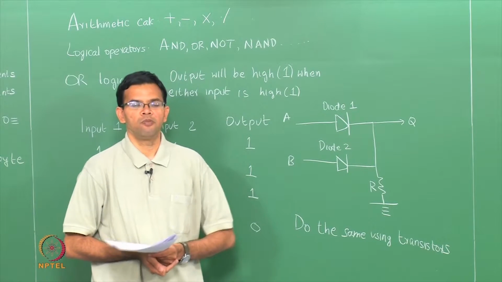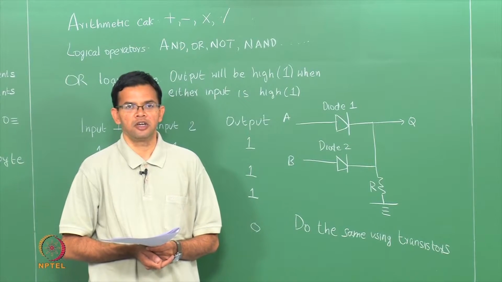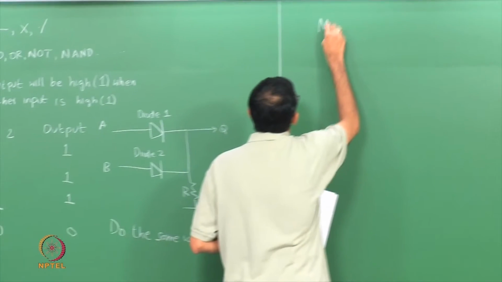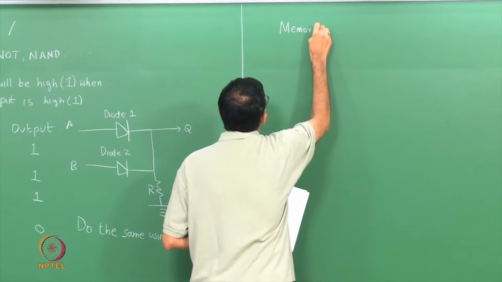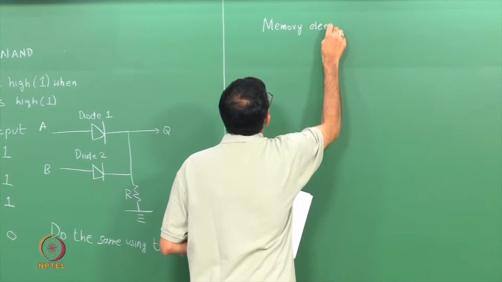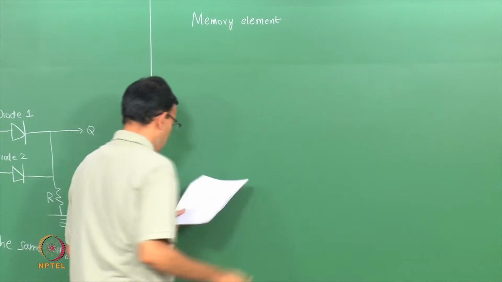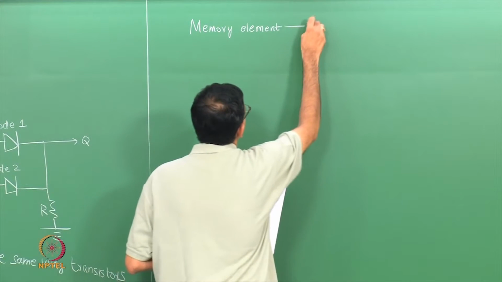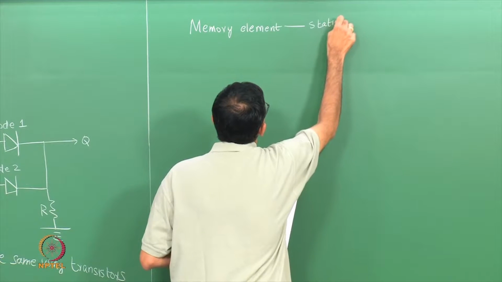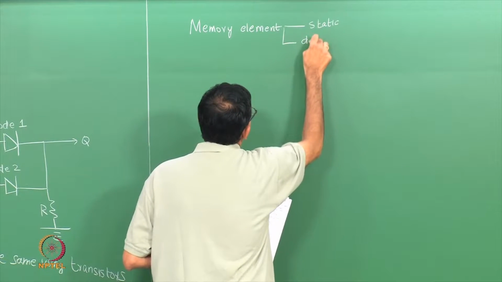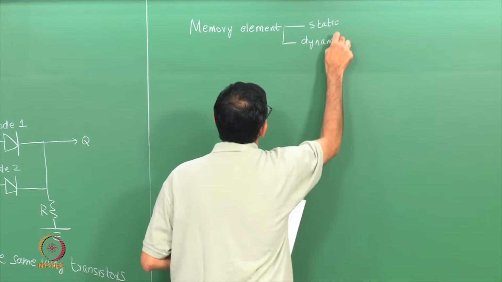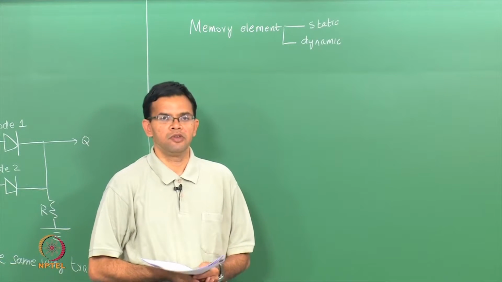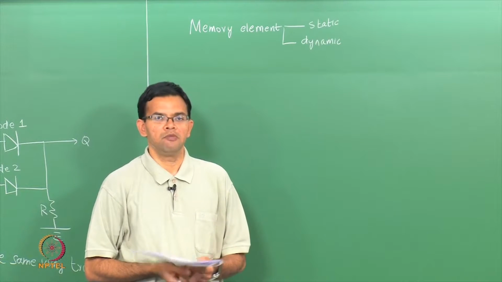Another important component of any integrated circuit is the memory element. So, memory elements are essentially either static or dynamic. A static memory element is one which once it is written can be stored.